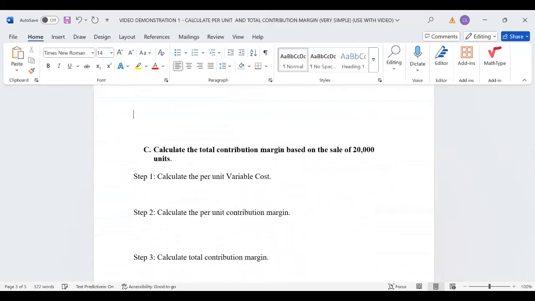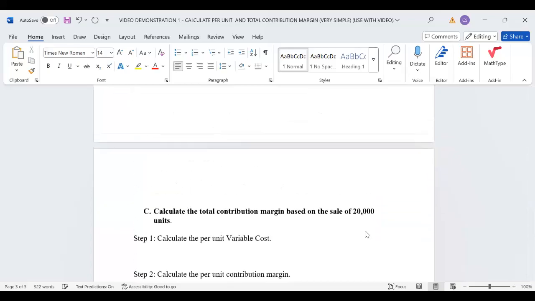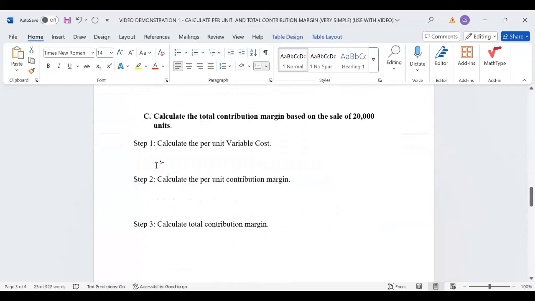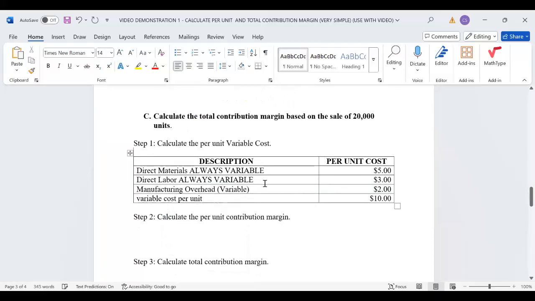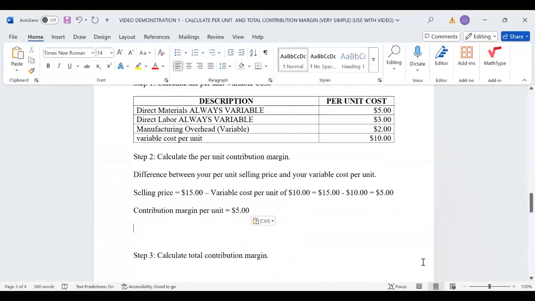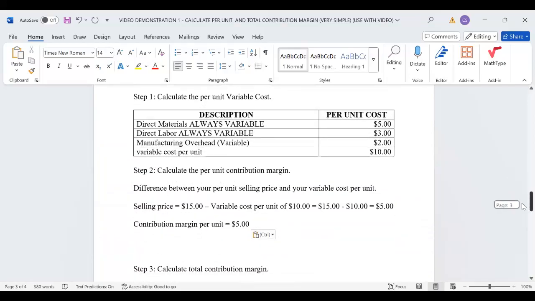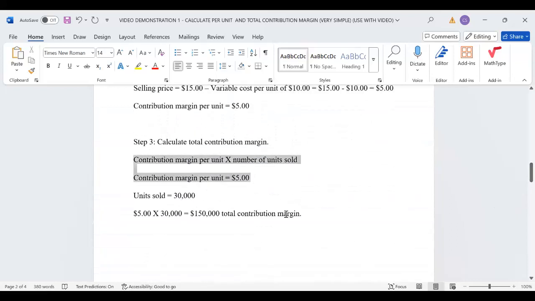C, we're going to calculate another problem. Again, step one stays the same, so I'm going to copy that down. Step two stays the same, so I'm going to copy it down. Step three, the only change is the number of units.